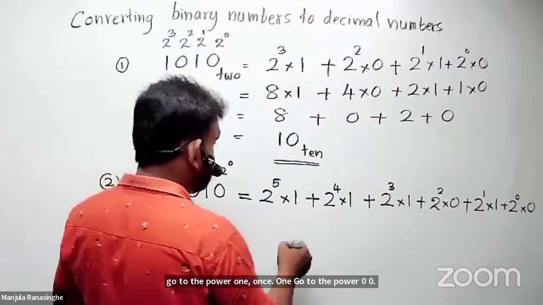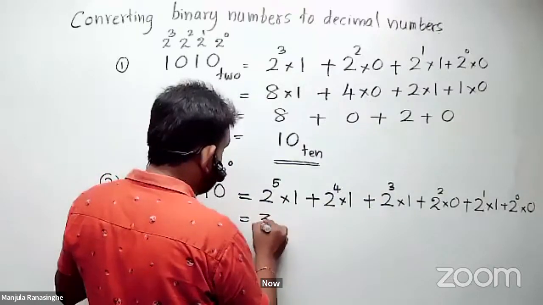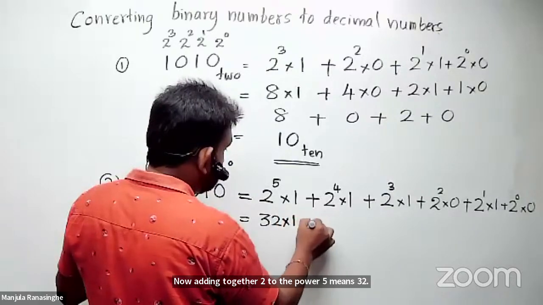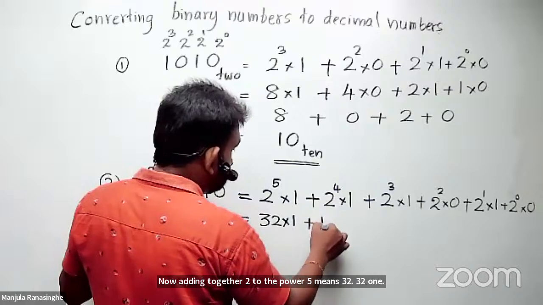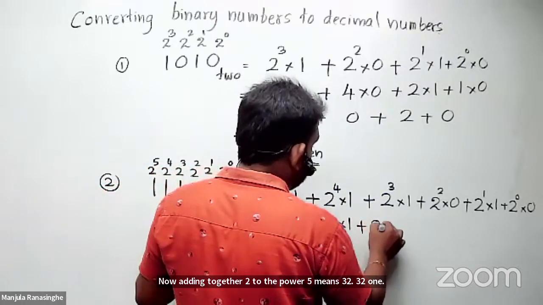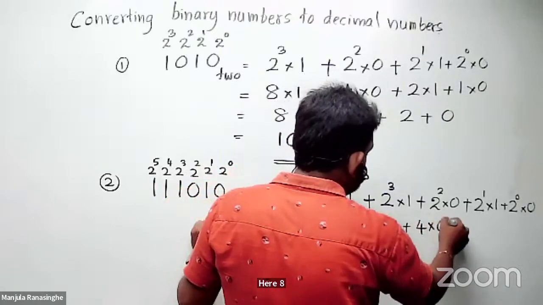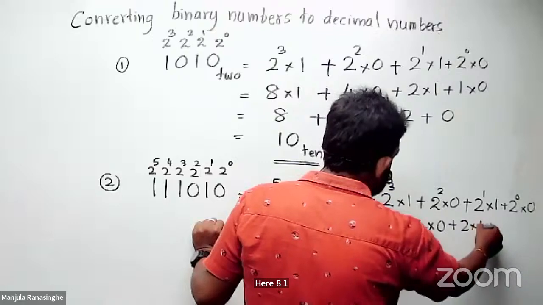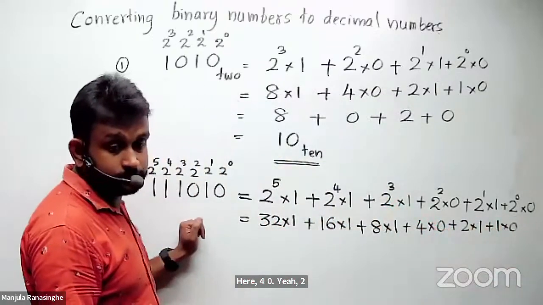Now adding together. 2 to the power 5 means 32, times 1, plus 2 to the power 4 means 16, times 1. Here 8 times 1. Here 4 times 0. Here 2 times 1, plus here 1 times 0. Okay.